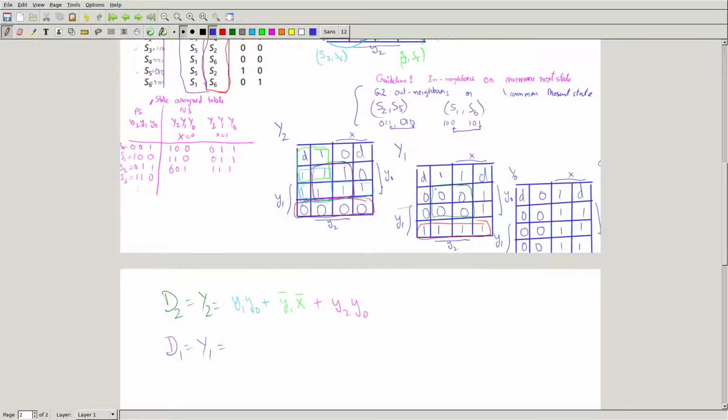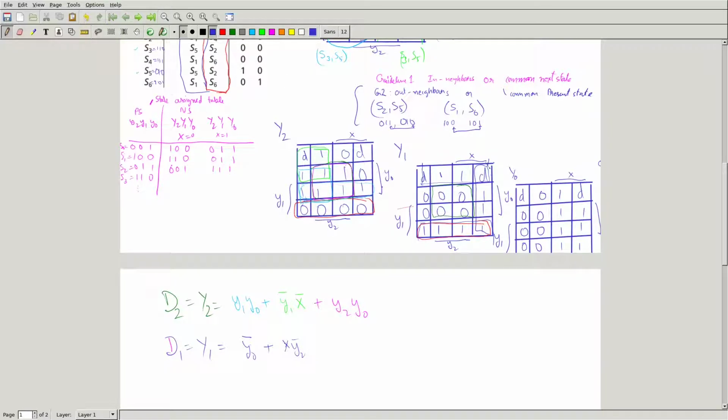And here we are looking at this group of one. Either we can group these. This is a big group of ones here, group of 8, and that is just y0 bar plus x y2 bar.